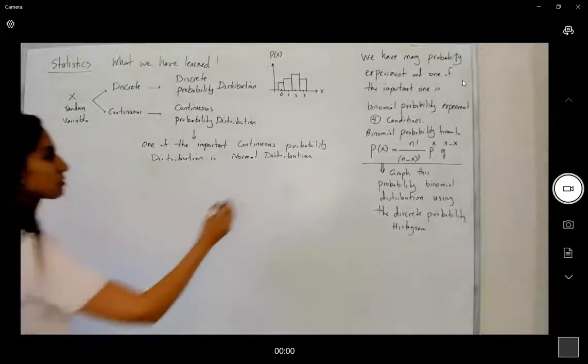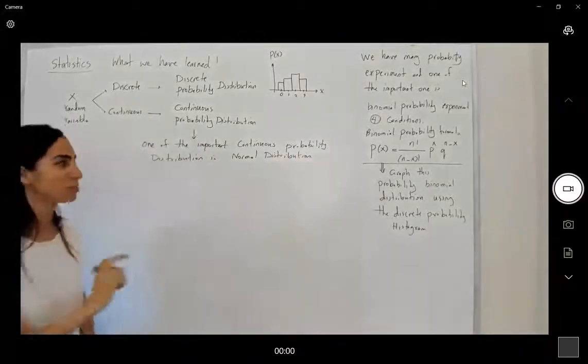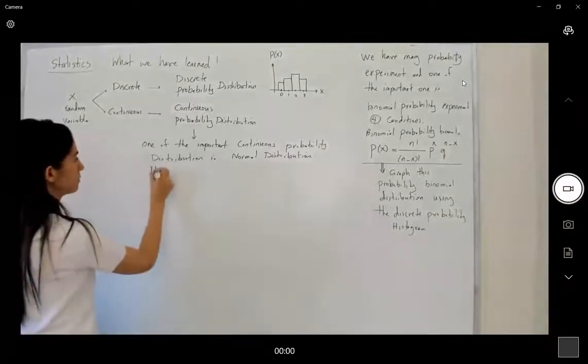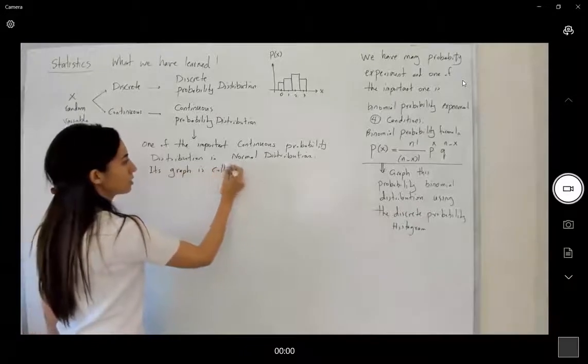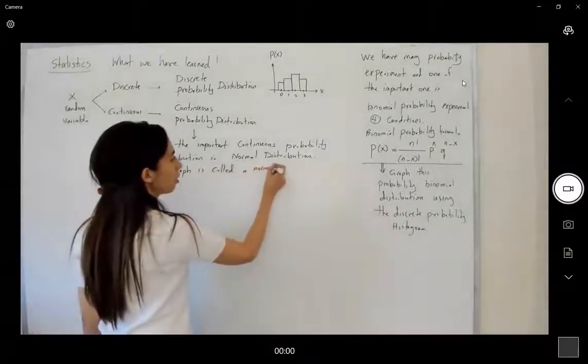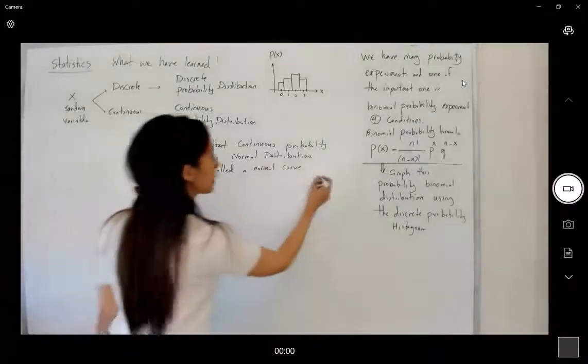Remember that the graph is called a normal curve. It has a bell-shaped graph.